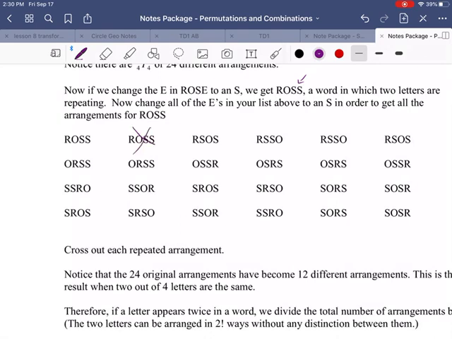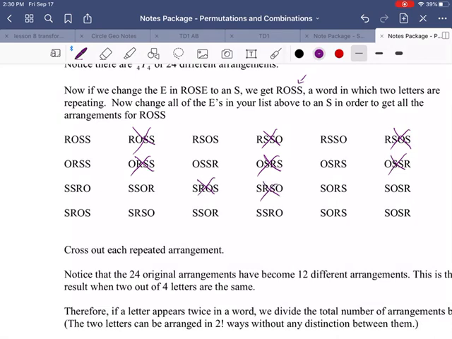So let's cross out the ones that are double. So that's a replication, that's a replication. RSSO is a replication. RSOS is a replication. ORSS is a replication. OSRS is a replication. OSSR is a replication.